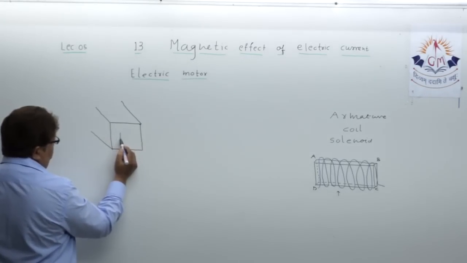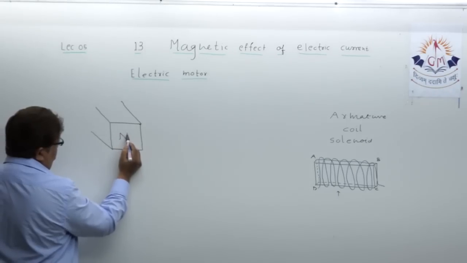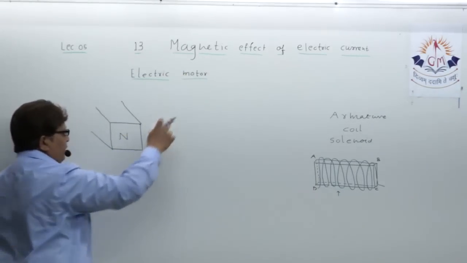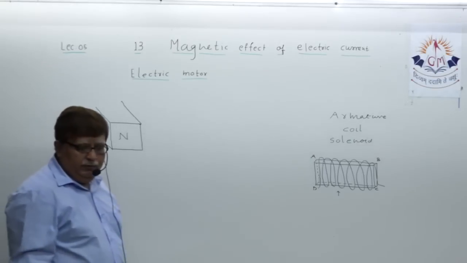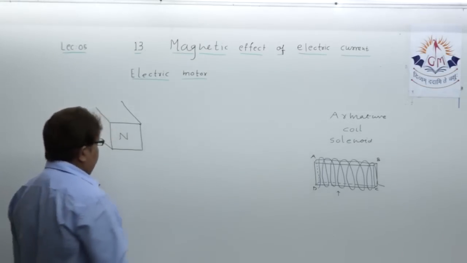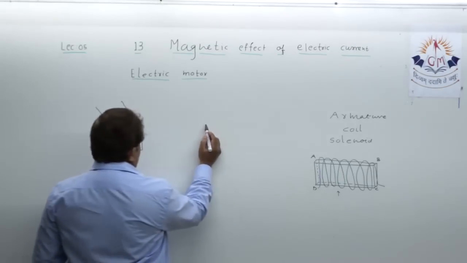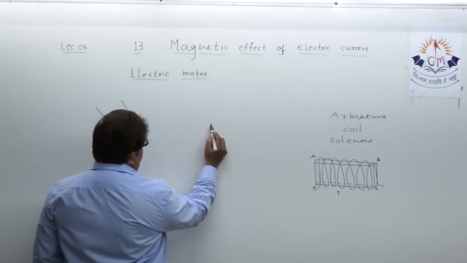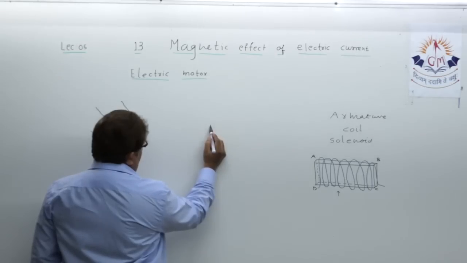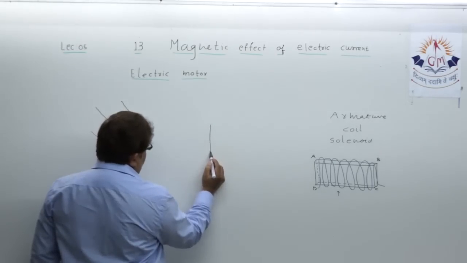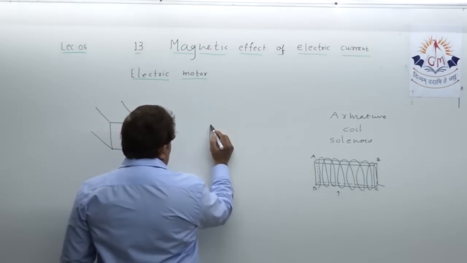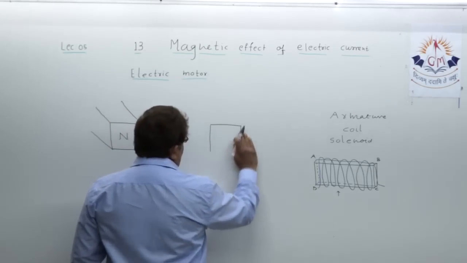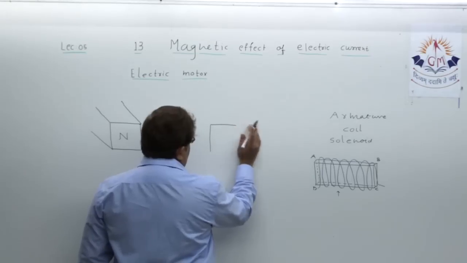Suppose this is the north pole of the horseshoe magnet, which is actually this way. We are just trying to understand the north pole. And suppose this is, dear students, another pole, the south pole of the horseshoe magnet, understand?